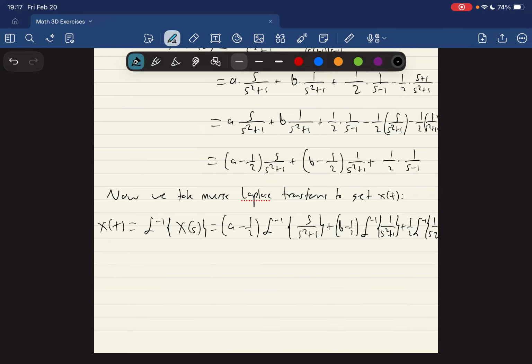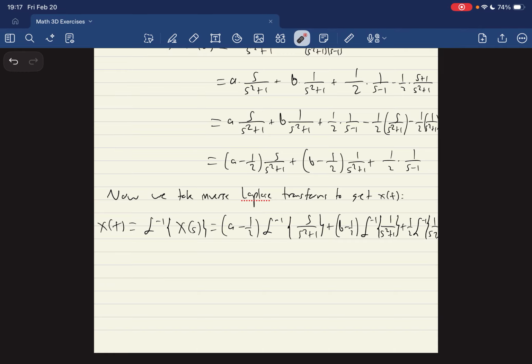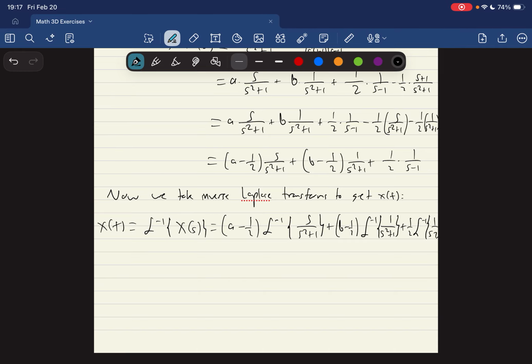And all that remains is to figure out what these inverse Laplace transforms are. But as a reminder to everyone, in general, the inverse Laplace transform of s over s squared plus a squared equals cosine of at.